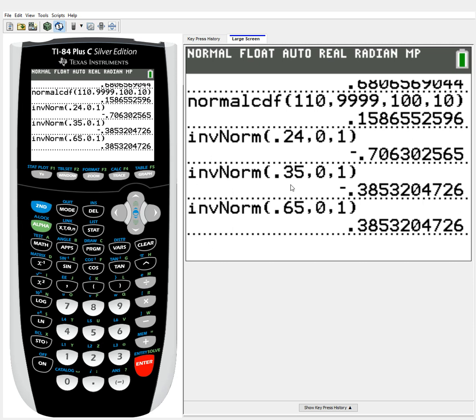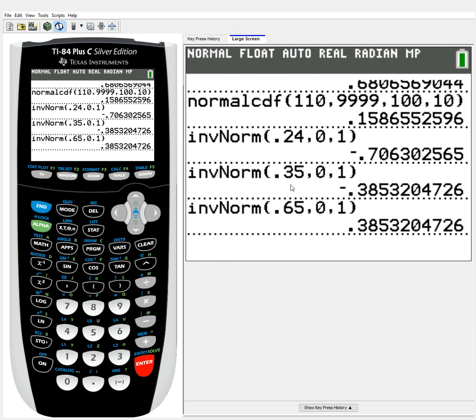The last thing to keep in mind with inverse norm is that it's often used with what is called a z sub alpha value. The z sub alpha refers to what z-score such that a given percent or a given proportion is on the right side of that z-score, and specifically it's on the right side. I think I was taught in a previous class it was on the left side, but it's typically referred to on the right.